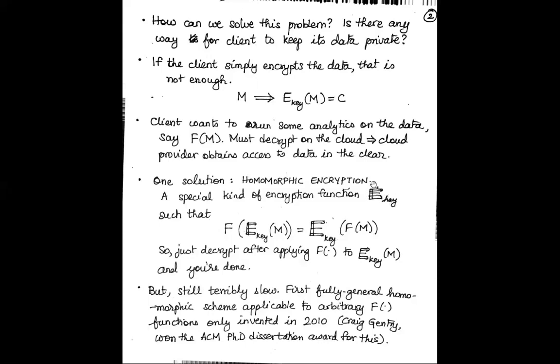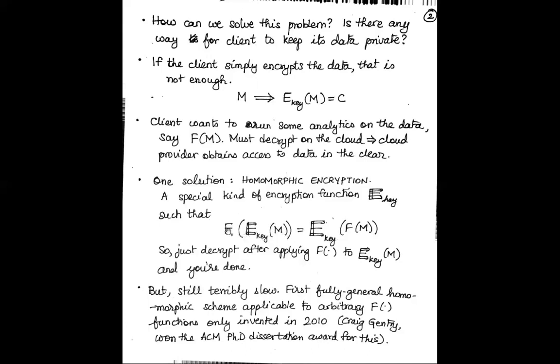Now, homomorphic encryption has a very special property, which is that if you apply this function F to the encrypted ciphertext, right? You apply your encryption function to M, right? What do you get? You get a piece of ciphertext.